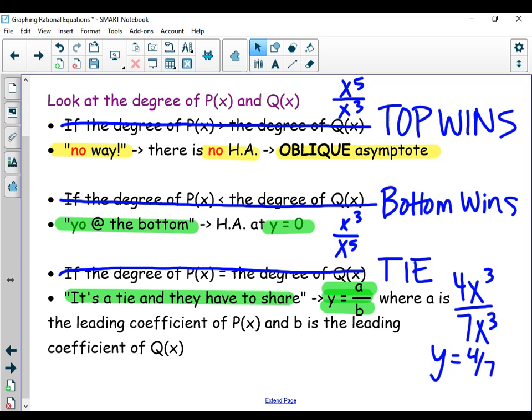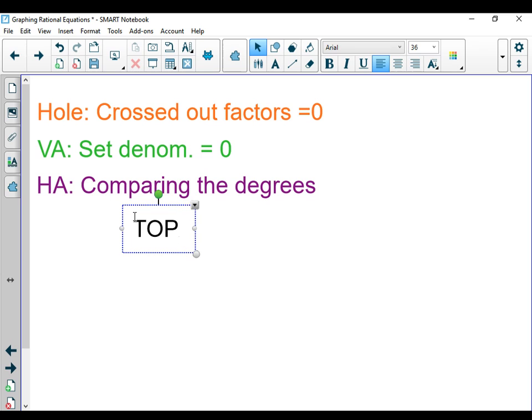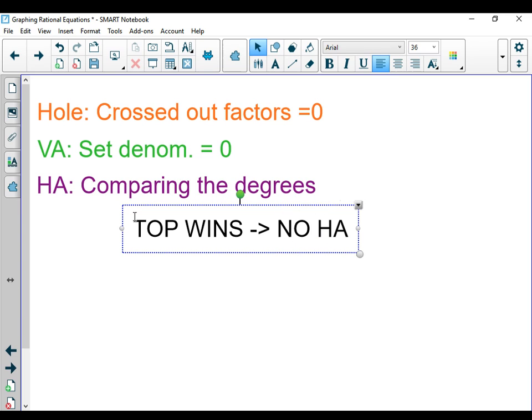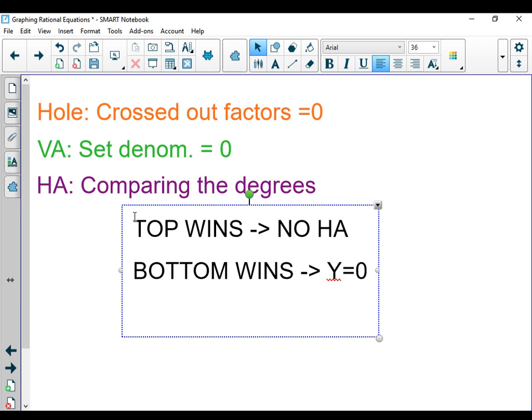All right, so back at my one sheeter. Top wins, I'm going to put no horizontal asymptote. Bottom wins, I'm going to do yo at the bottom, so y equals 0.